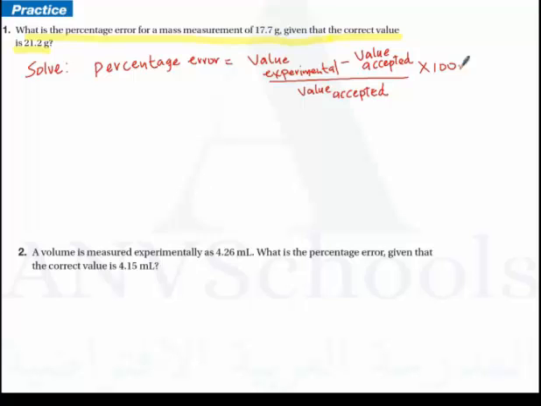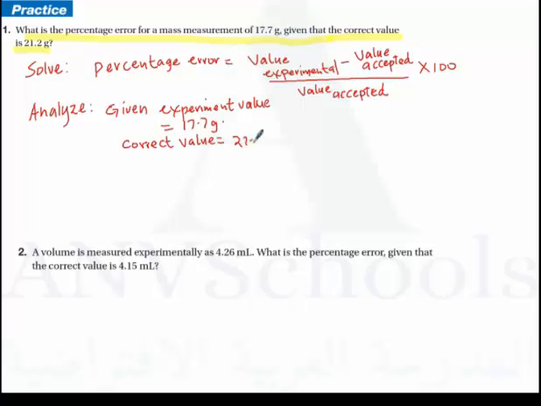Let's see what we are given. The experimental value is 17.7 gram, and the correct value is 21.2 gram.